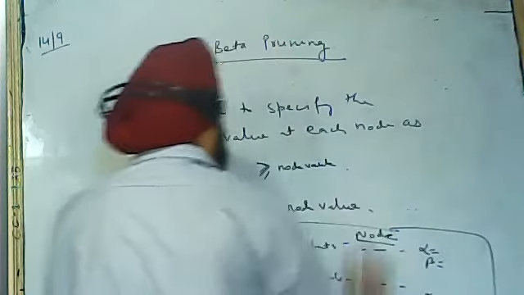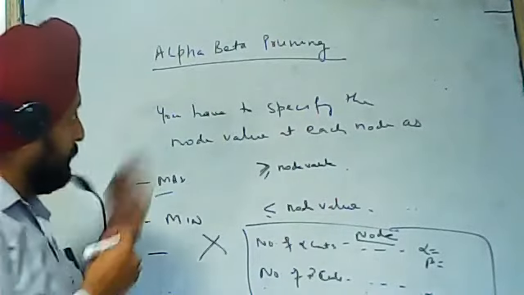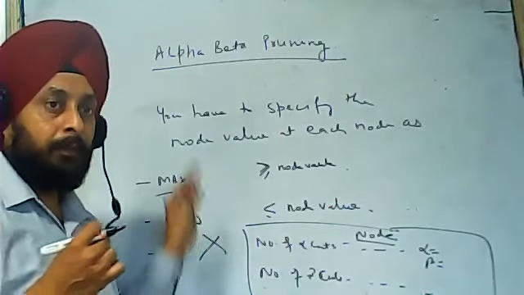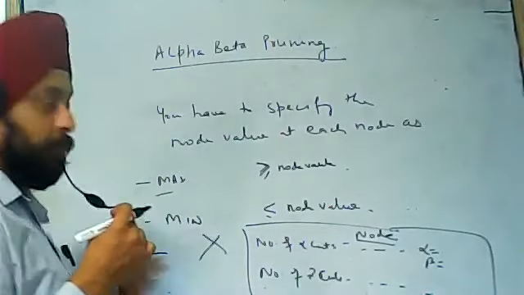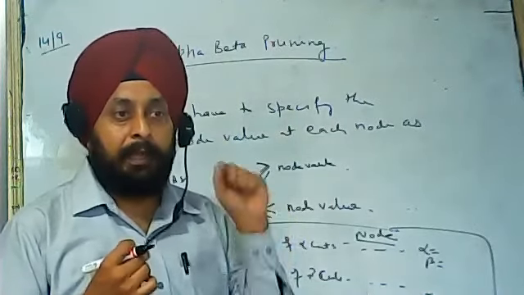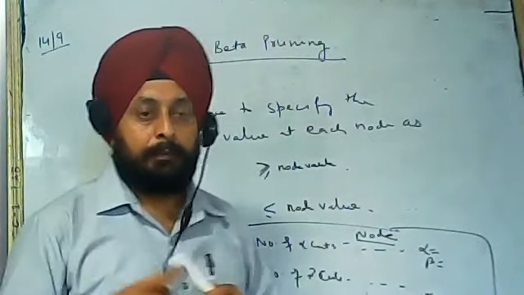So this is the result table that you have to make. So this is all about the alpha beta pruning. Again, I have told you the main difference between min max and alpha beta pruning, and each and every step of solving the alpha beta pruning. Thank you.